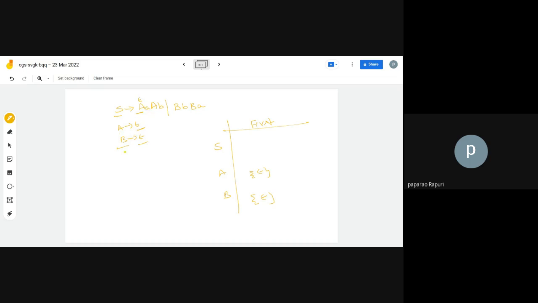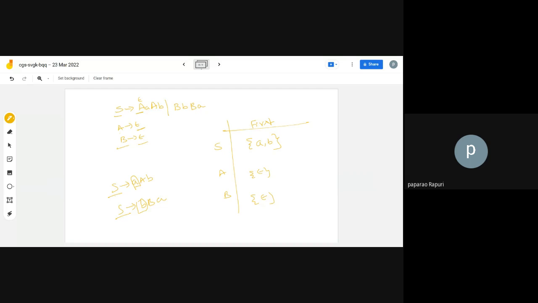Epsilon into A, so it is A, B. And from here, S is deriving, it is also epsilon, B, A. So from this first of S is equal to small a, and from this first of S is equal to small b. So finally, first of S is equal to small a, small b.